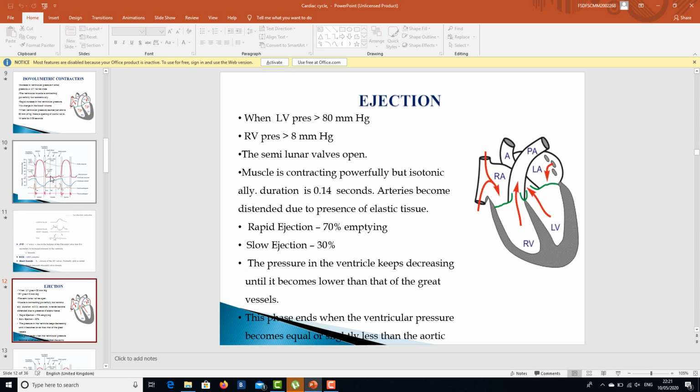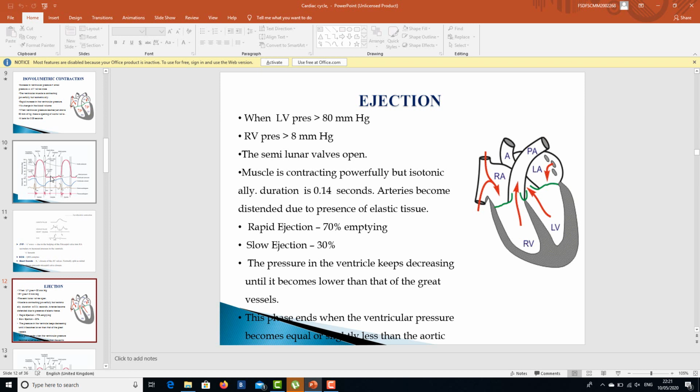Then we have the period of ejection. Now what happens is that when the left ventricular pressure increases more than 80 millimeters of mercury, and the right ventricular pressure exceeds more than 8 millimeters of mercury, there is opening of the semilunar valves, right?